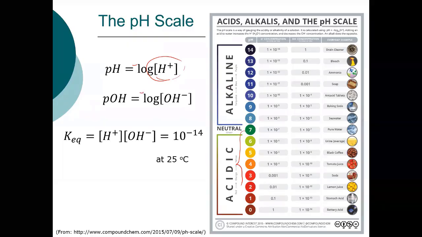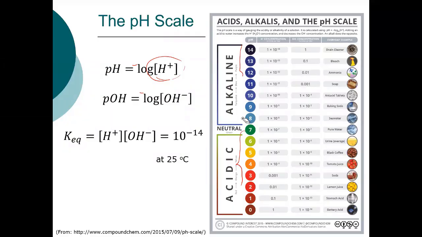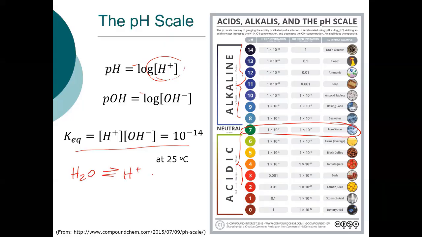The negative log of the OH- concentration, and waters that have a pH greater than 7 are considered alkaline. Waters that have a pH of 7 are considered neutral. And I've just given you the equilibrium expression for the dissociation of water to H+ and OH-.